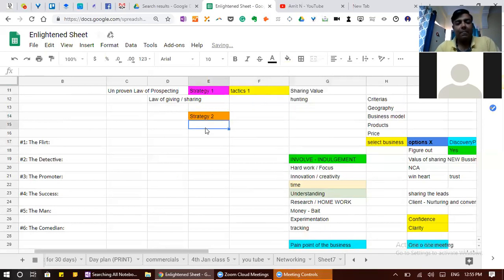In the strategy, I have written a couple of words on the left-hand side. For the time being, just avoid those things. I will take each one of them one by one, and let's see how to use them. Strategy number 2 is completely an offline thing.